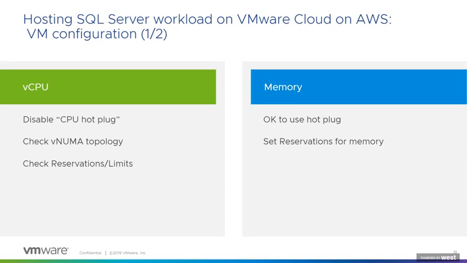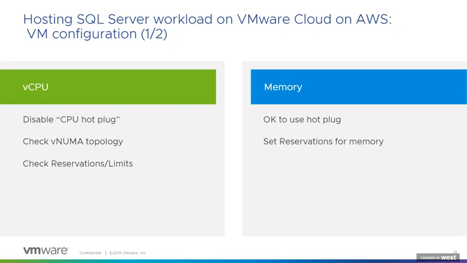Now let us take a look at some specific SQL Server workload configuration from a VMware perspective. The same best practices apply that we have on premises. For vCPU assigned to your VM, it's recommended to ensure that you're not using the CPU hot-add flag, because that will disable vNUMA exposure to your VM.